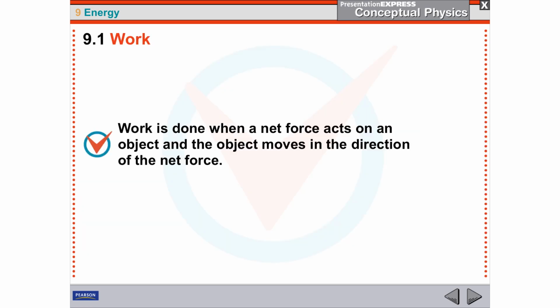So the concept of work: work is done on an object when a force is exerted on that object over a distance. So when you move an object a certain distance in the direction of that force, you've done work on it. So if I lift something over my head, whatever distance I've lifted it, I've done work on that object.